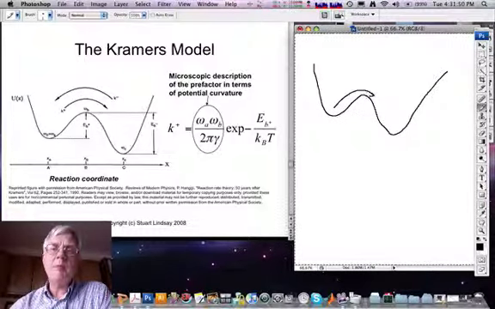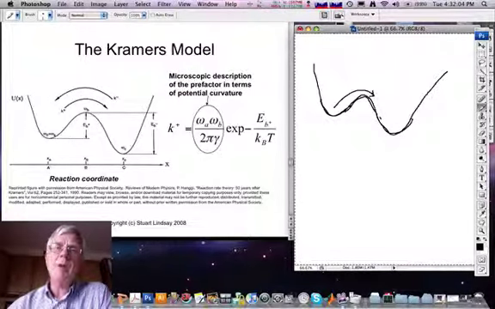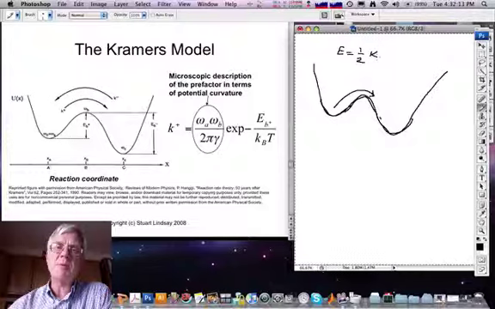In order to model the potential surfaces rather more accurately than Eyring did, he fitted harmonic models to both these minima and this saddle point here. Now what do I mean by harmonic models of potentials? Well, for a spring, so a mass on a spring which is a harmonic oscillator, the energy is given by 1/2 times the spring constant times x squared. That is a parabola.